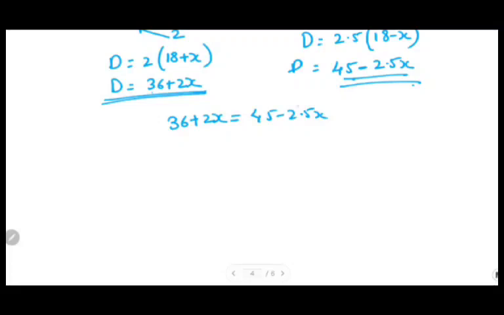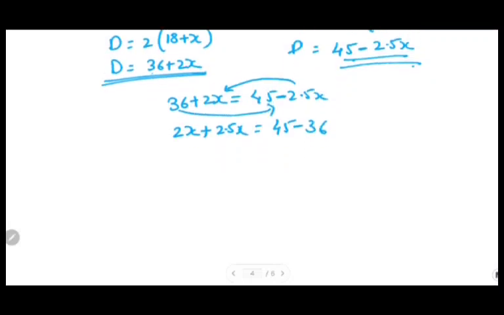Alright, so I'm going to take all my x to the left hand side. So 2x plus, this minus will become plus 2.5x is equal to 45. This goes on the other side, becomes minus 36.